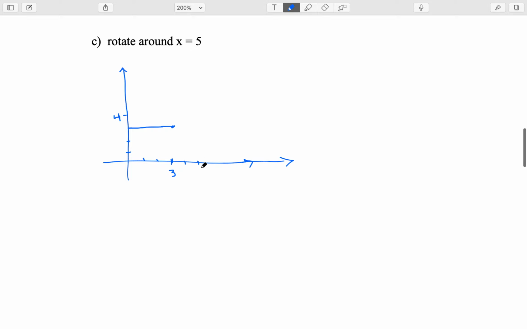Four, five. Remember, here was our weird little shape, right? This is where we're going to be rotating around this axis, if you will. So it's going in that direction. So this distance of 2 is going to go to a distance of 2. I'm going to get a mirrored image over here.